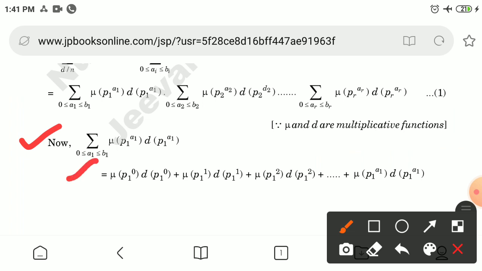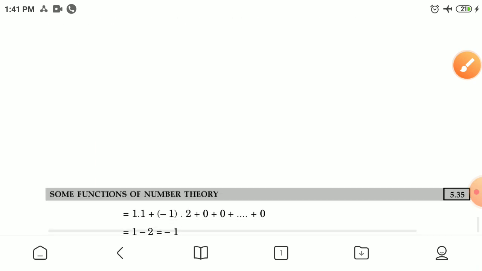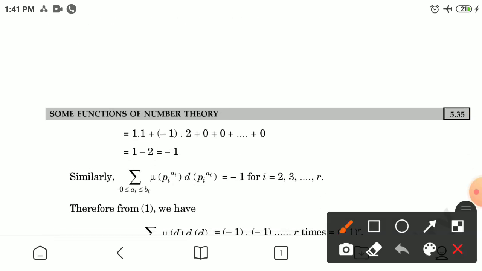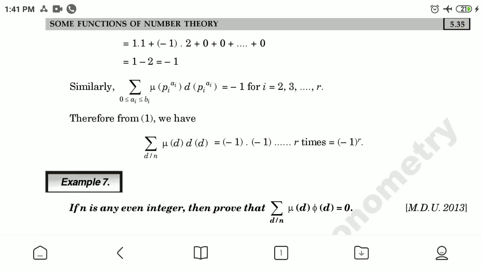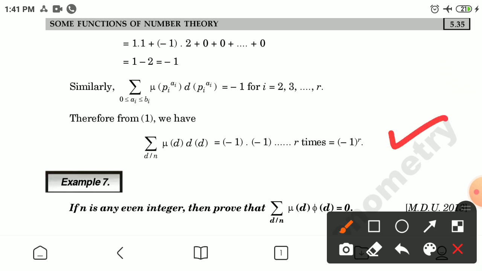Now opening the summation: μ(p1^0)d(p1^0) plus μ(p1^1)d(p1^1) plus μ(p1 square)d(p1 square), and so on, up to μ(p1^a1)d(p1^a1). Now the first term gives 1 into 1, the second term gives -1 into 2, plus so on, and the value is -1. Similarly the other terms give -1 for i from 2 to r. Therefore the product value is equal to -1 raised to power r.